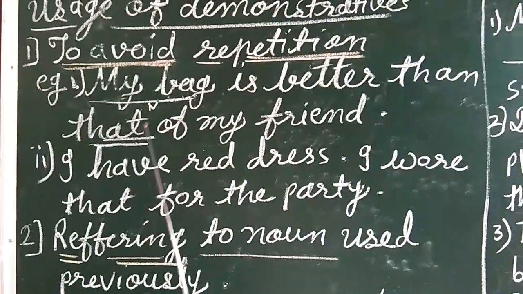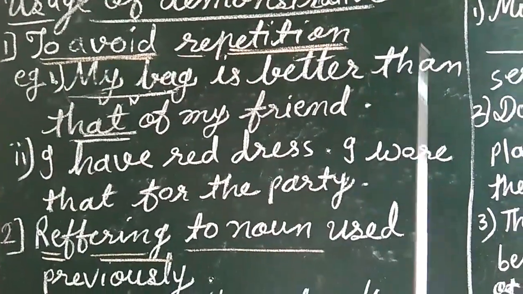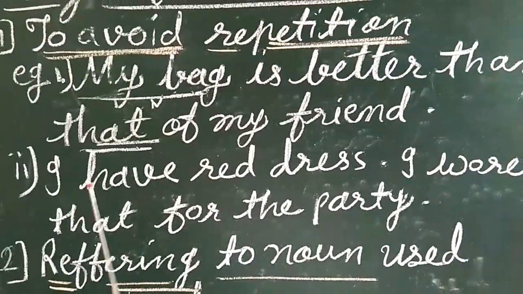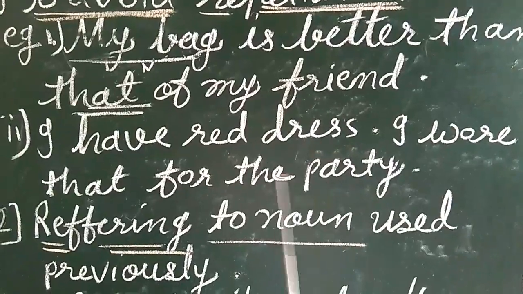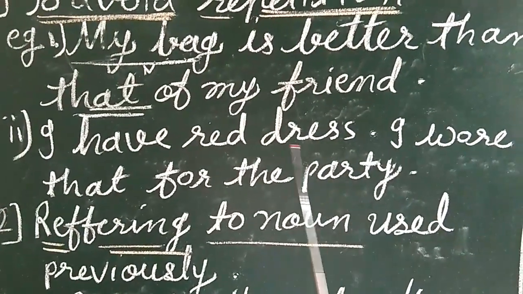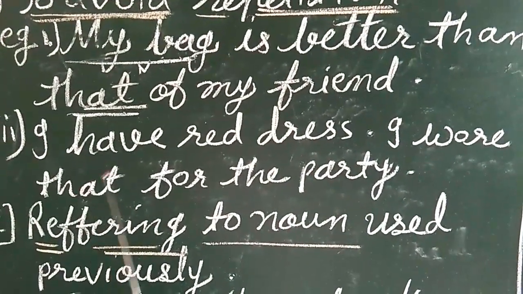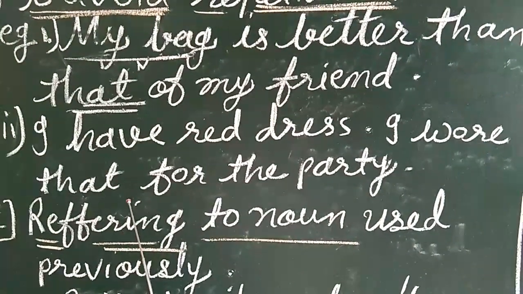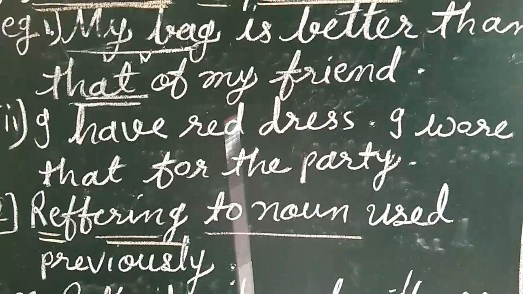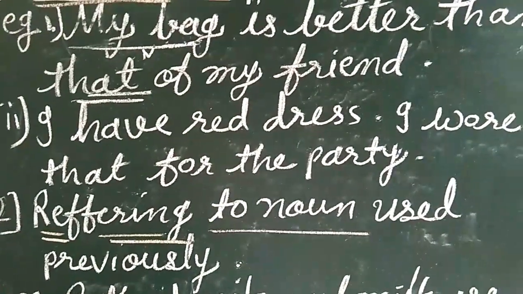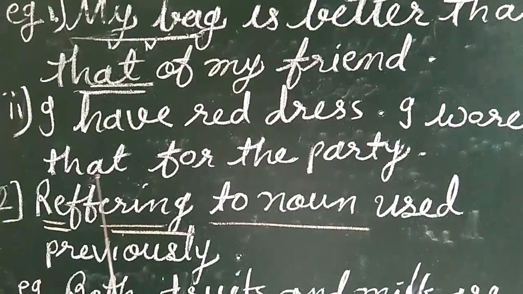It is avoiding the repetition of the noun. I have a red dress. I wore that dress for the party. Red dress is the noun, and I wore that for the party. So that is used for red dress, avoiding repetition of the noun.